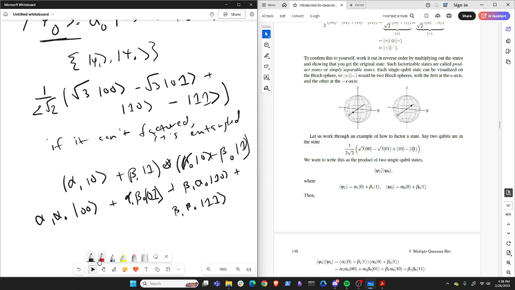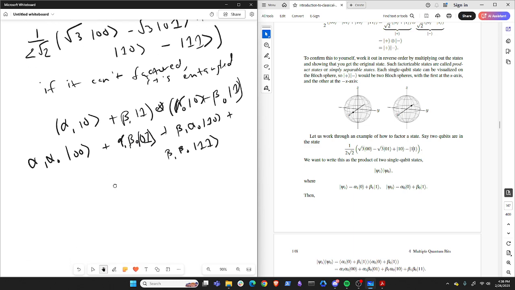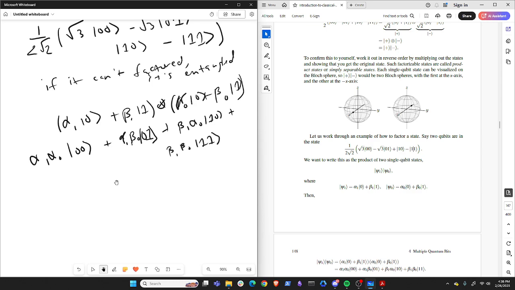So once we have this, we can take a look at our superposition.